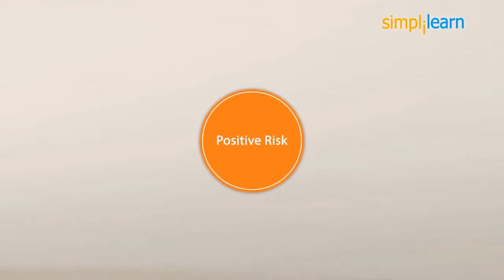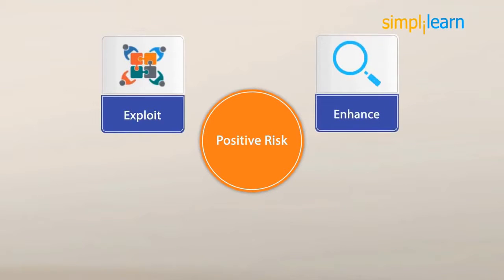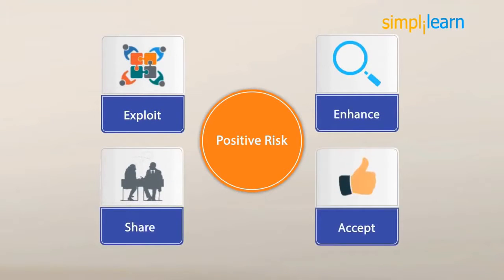Risk mitigation occurs when the project team acts to reduce the probability or impact of the risk. And risk acceptance occurs when the project team decides to acknowledge the risk and not take any action unless the risk occurs.